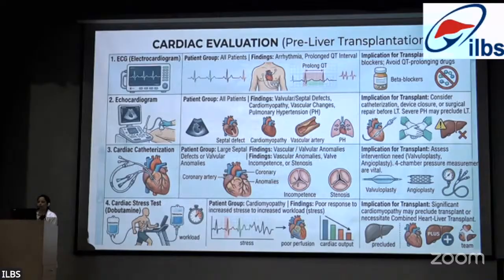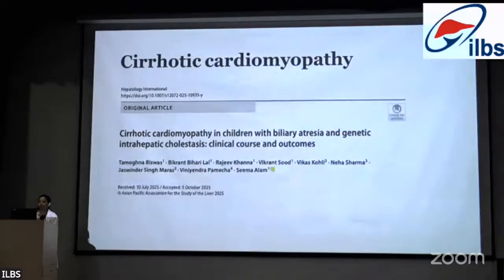And severe PH may even preclude LT. Cardiac catheterization, as I said, is indicated in septal defects or valvular anomalies. Dobutamine stress test is rarely indicated if the patient comes with cardiomyopathy, to know whether the heart can withstand the stress or if the patient requires combined heart-liver transplant.